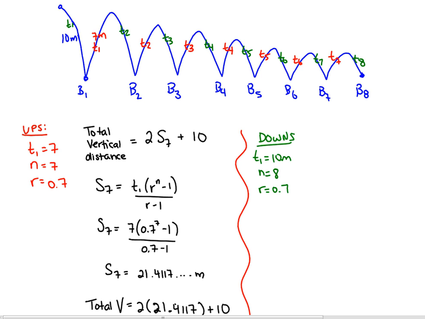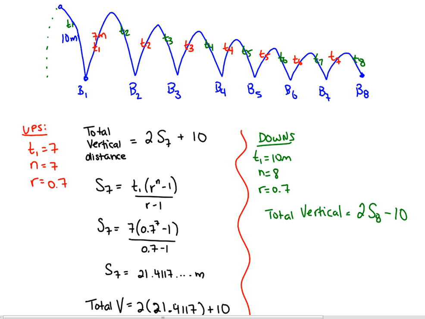But when we make the total vertical distance formula, there's one major difference. So again, what goes up must go down. I'm going to double my sum, S of 8, but instead of adding 10, what do I have to do? If I included the 10 meters and then I double it, I have to subtract off that 10, because then I would have included an extra 10 meters up and down, right? So that would be the difference.